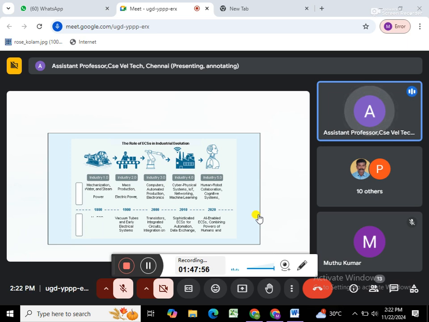There was talk during Industry 3.0, that period of 2000, when computers played a vital role in many technologies as well as in many systems. They were complaining about the growth of Industry 3.0. They were not completely satisfied with the growth initially.